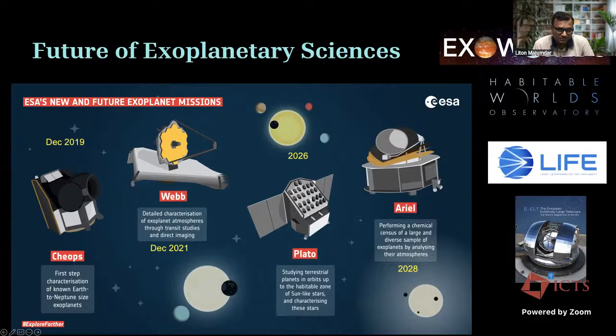And in the future, instruments such as Habitable Worlds Observatory, LIFE, and some of the potential Indian concepts such as XWorld might help in this regard to constrain more atmospheric chemistry in the planetary atmosphere. With this, I will end here, and I'm happy to take any questions that the audience might have.